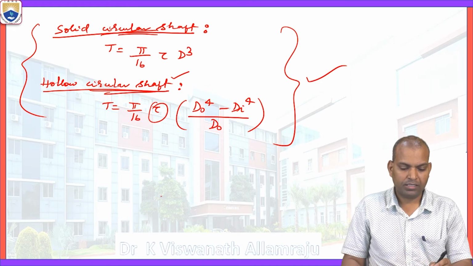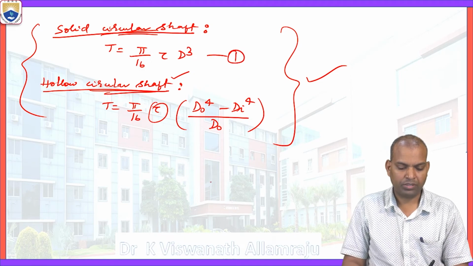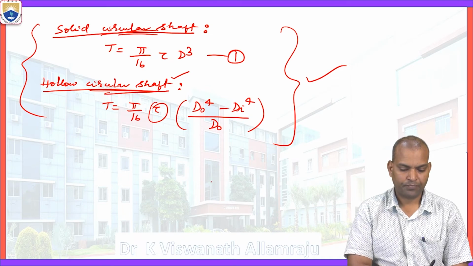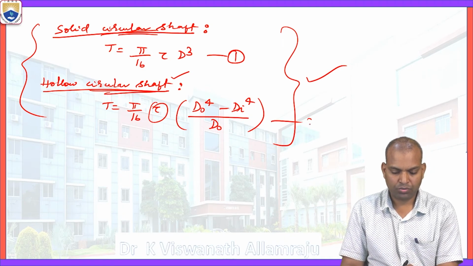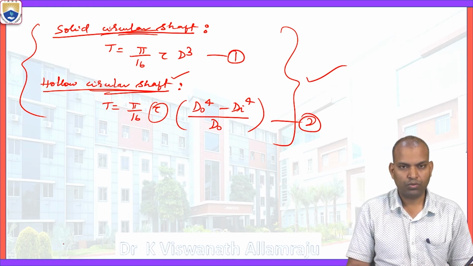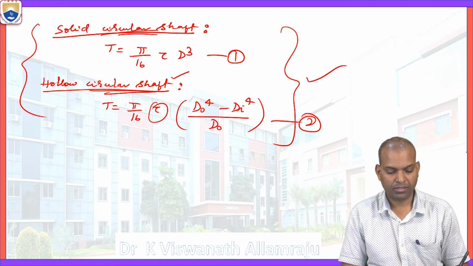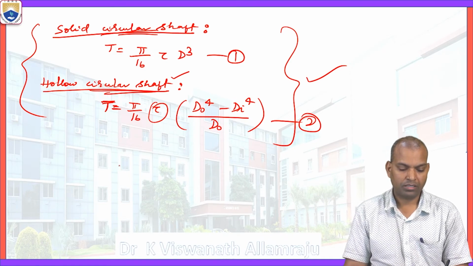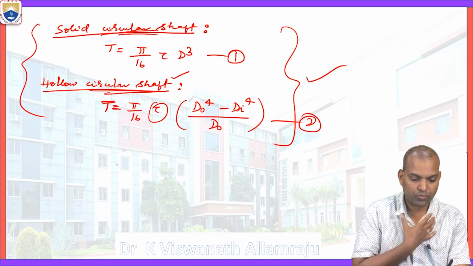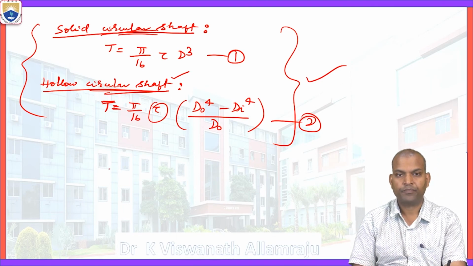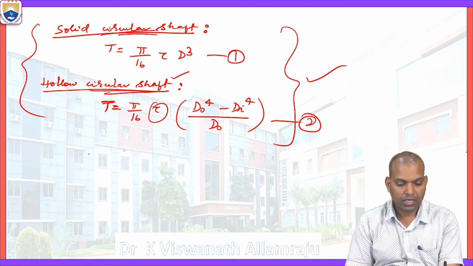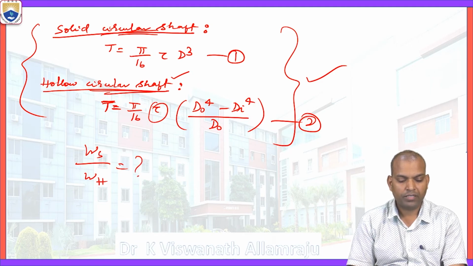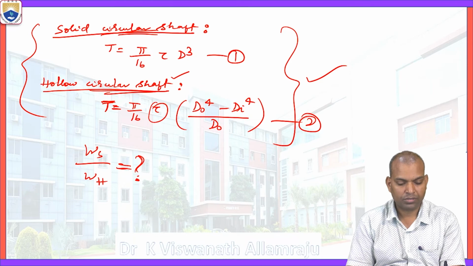In equation 1, capital D is the diameter of the circular cross section, and in equation 2, d naught is the outer diameter and di is the inner diameter. These are maximum torques, because the maximum shear stress is involved. We also found the ratio of weight of solid to weight of hollow shafts.